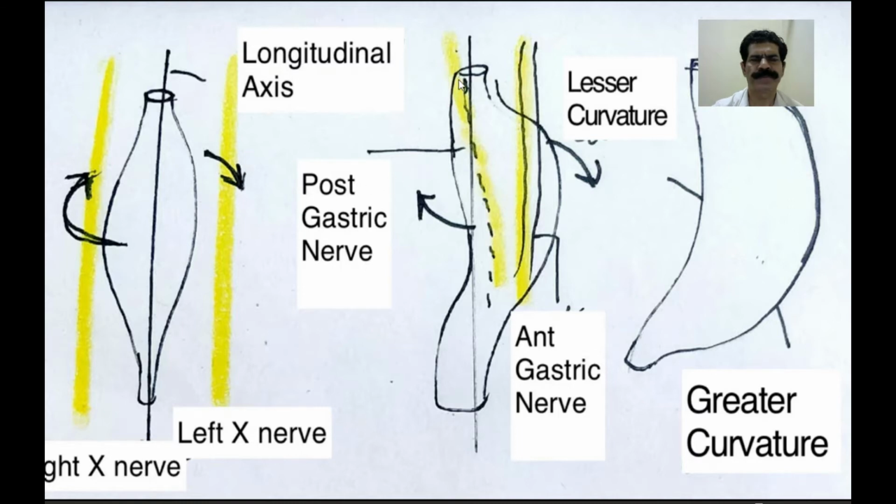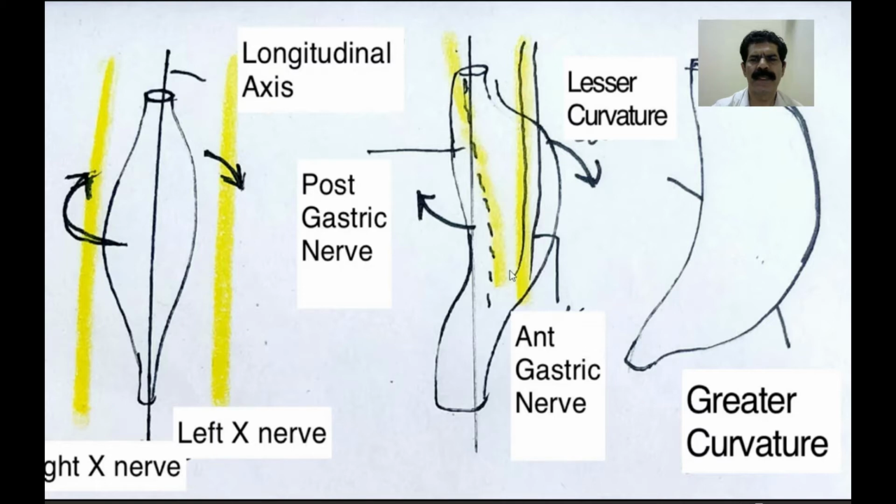The left surface grows more and the right surface grows less, because on the right side the liver and other organs are developing, but on the left there is no such organ growing, so this part grows faster. This leads to the formation of the greater curvature on the left side, while on the right side it remains less developed, so it becomes smaller, the lesser curvature.